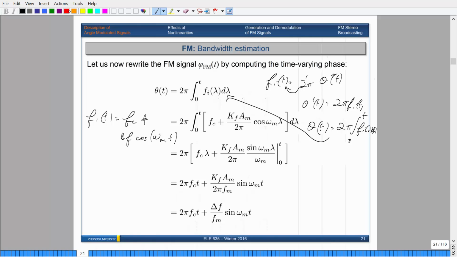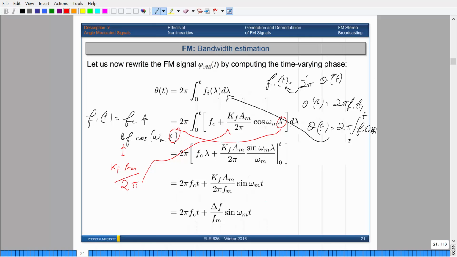Okay, and then they do the substitution. So this is equal to k_f a_m over 2 pi, and that's what's going on here. They're doing this because, and I'll show you in a little bit why. So you're substituting f of i, but then you're replacing all the t's with lambdas. All the t's get changed to lambdas, and then you're integrating with respect to lambda.